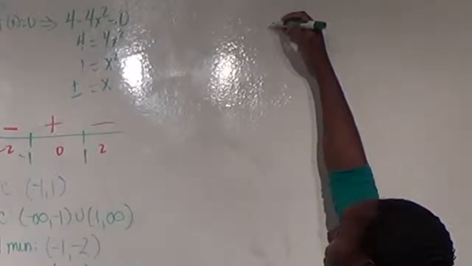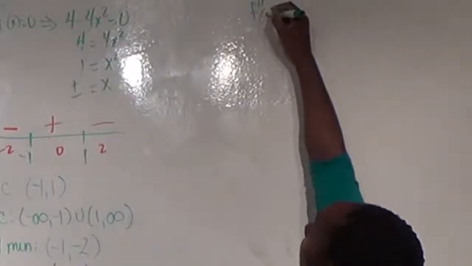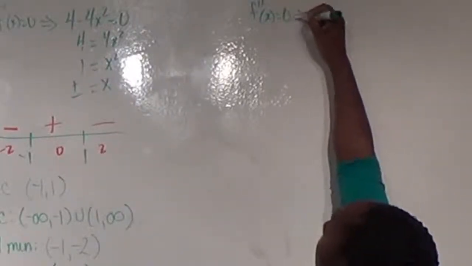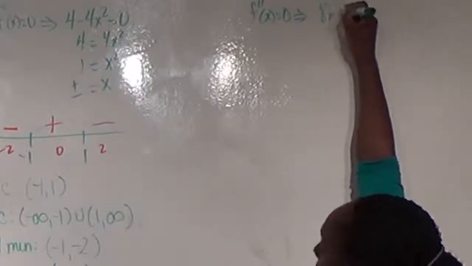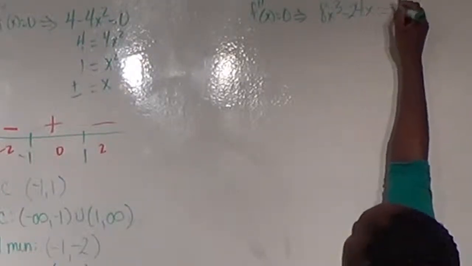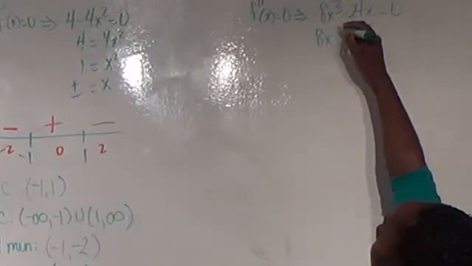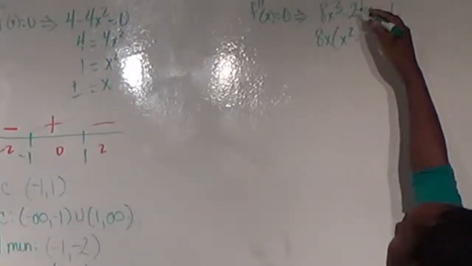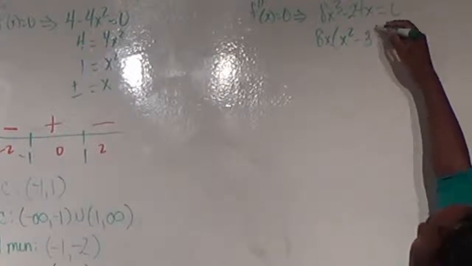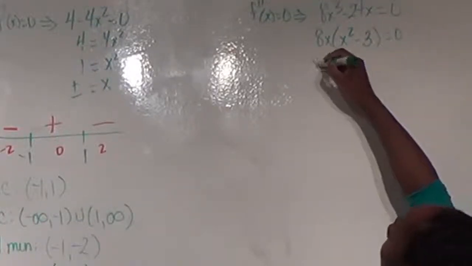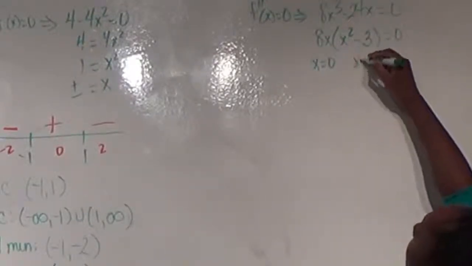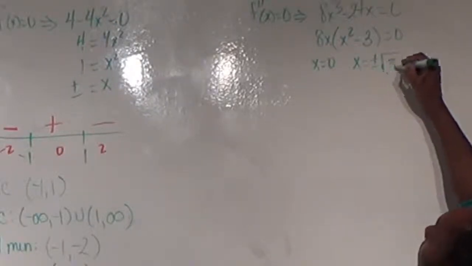So again, that just means I'm looking at when the top, 8x cubed minus 24x, is going to equal 0. Now notice I can factor this, so 8x, I can pull out x squared minus 3. So x will equal 0, or x will equal plus or minus the square root of 3.